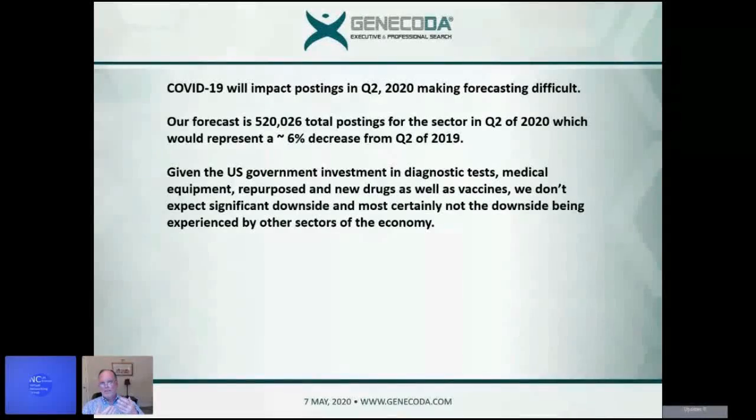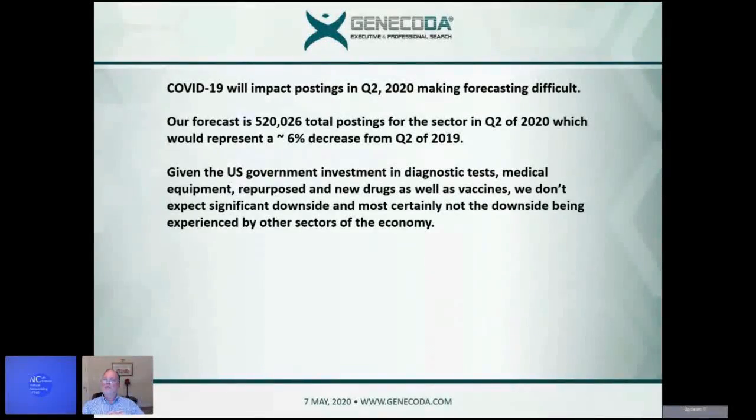So just given the inherent nature of the industry, we don't see as significant a downside as with other sectors of the economy that are in fact being hit reasonably hard at this juncture.